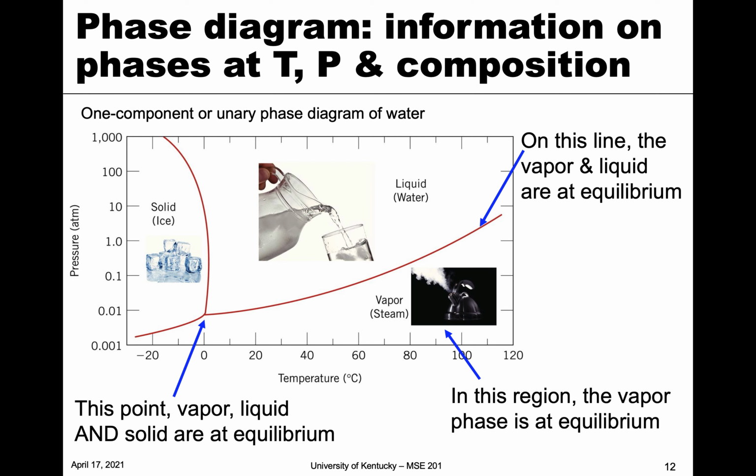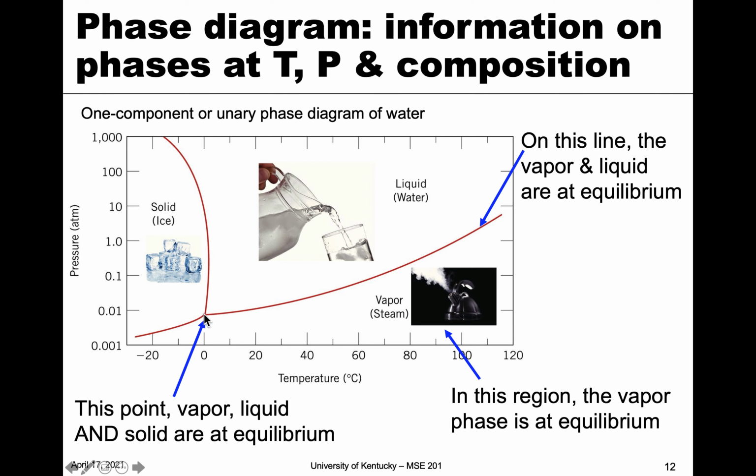However, there are also different areas. We have areas here, here, and here, but between the two areas, there's a line, right? This line right here between liquid and steam is where vapor and liquid are in equilibrium. Right on that line, you can have both phases.